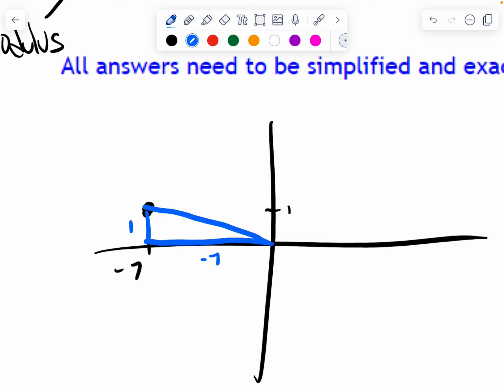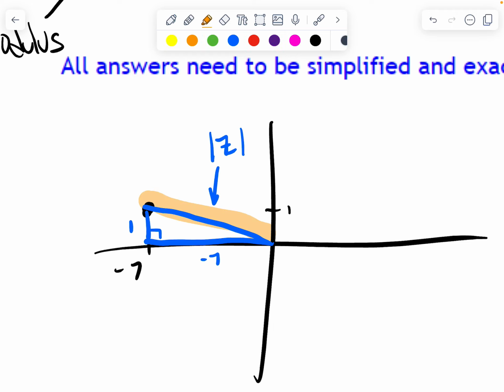The modulus is the distance. If you were to finish that off, that's a right triangle. The hypotenuse of that triangle is known as the modulus of the complex number. It's the distance from the origin to the complex number itself.